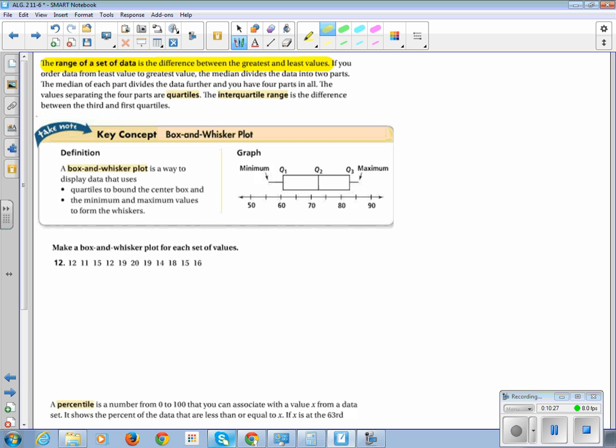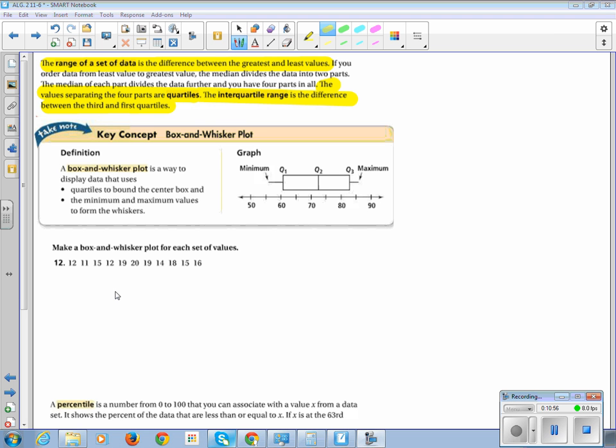Then the median of each of those two parts divides the data further until you have 4 parts. The values separating the 4 parts of the data are called quartiles, which makes sense because a quarter is a fourth. So it's a fourth of your data. The interquartile range is the difference between the third and the first quartiles.